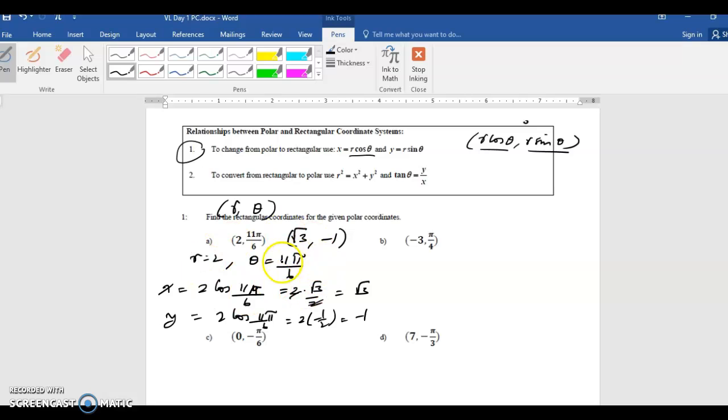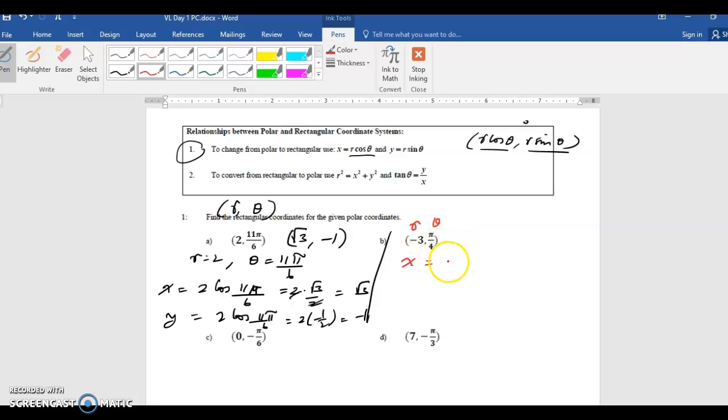So that's how you are processing it through. Okay, so it's all the same thing. So if you have r as negative 3, it's okay, you're still working with the negatives. So let me take a different color. So r is negative 3 and theta is pi over 4.